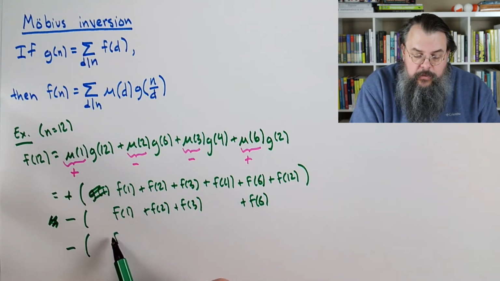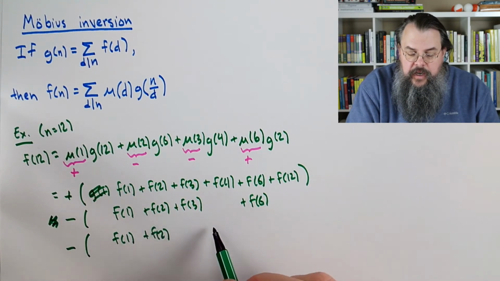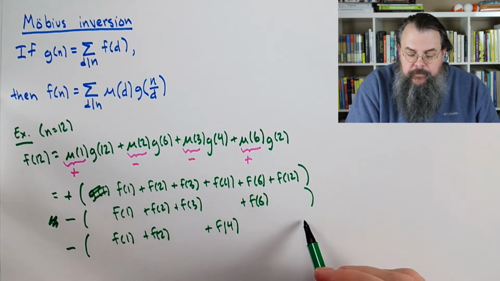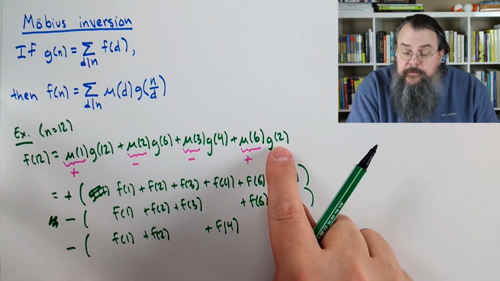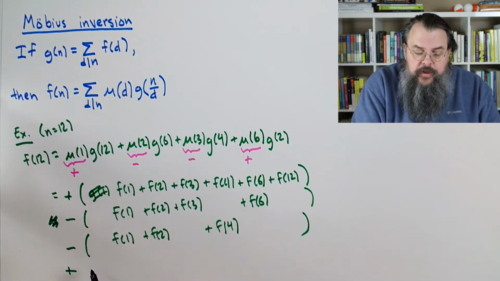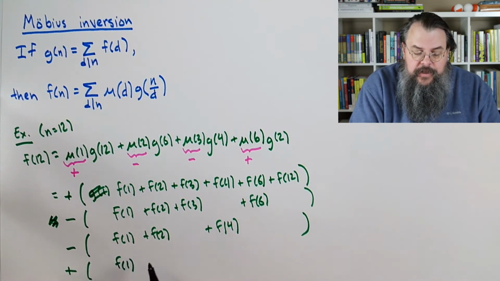Well, 1 divides 4, 2 divides 4, and 4 divides 4. And finally, our g of 2, that's being added. That's everything that divides into 2. Well, that's 1 and 2.